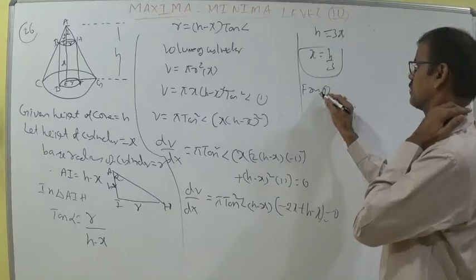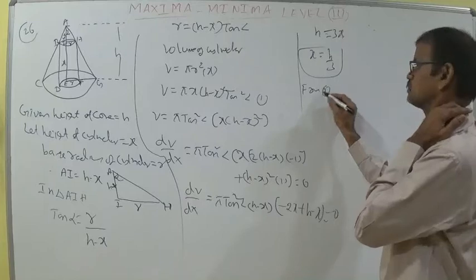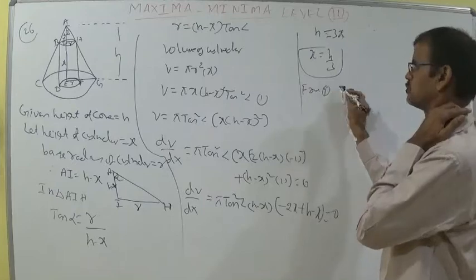This is an important bit in Advanced, and a standard bit in Mains: 4 pi by 27 h cube tan square alpha. Here it is, first option.